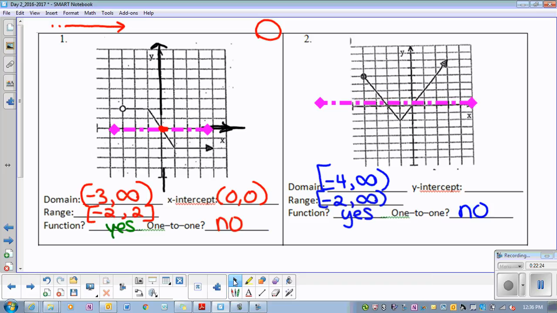So the next one is asking us for a y-intercept. Does it say x-intercept? Okay, well then, let's go to x-intercept. So where does this graph cross through the x-axis?